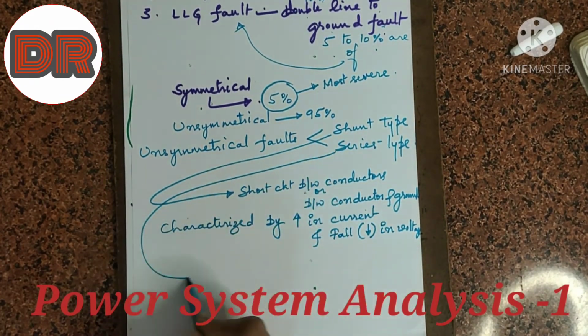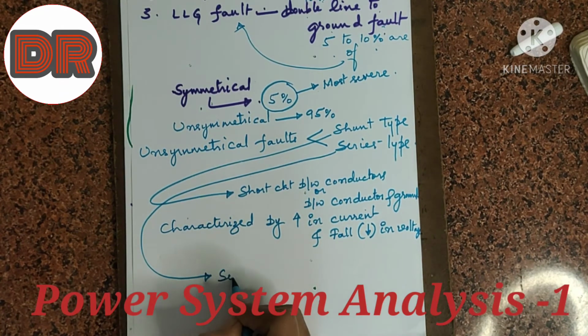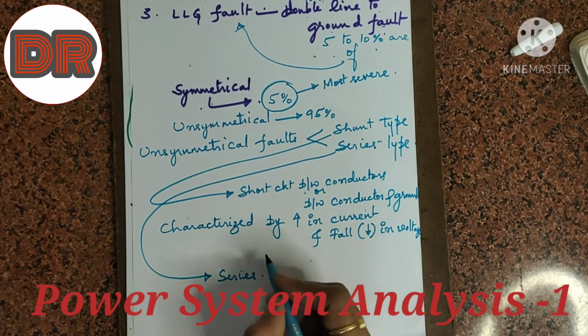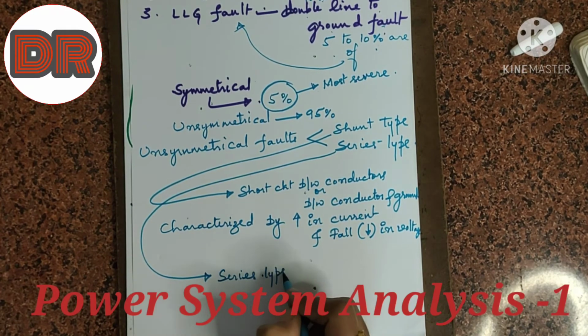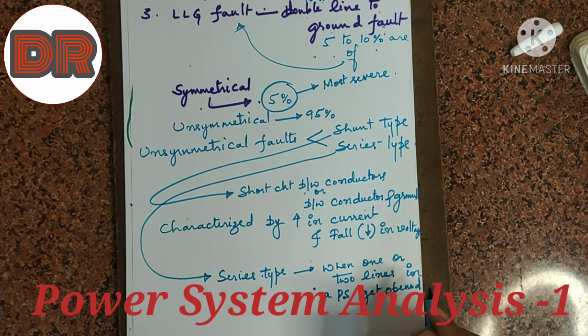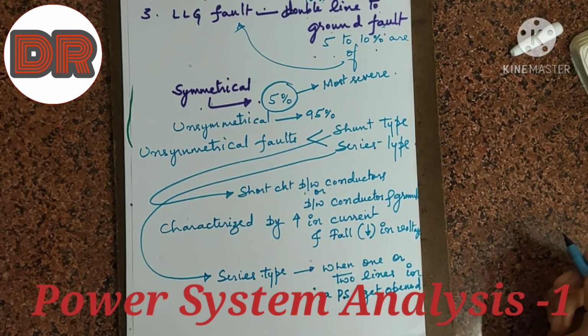So next one is series type of fault. Series type of fault is when one or two lines in a three-phase power system get opened. So series type of faults are nothing but when the lines are open. When one or two lines in a power system get opened, these types of faults are called series type of faults.